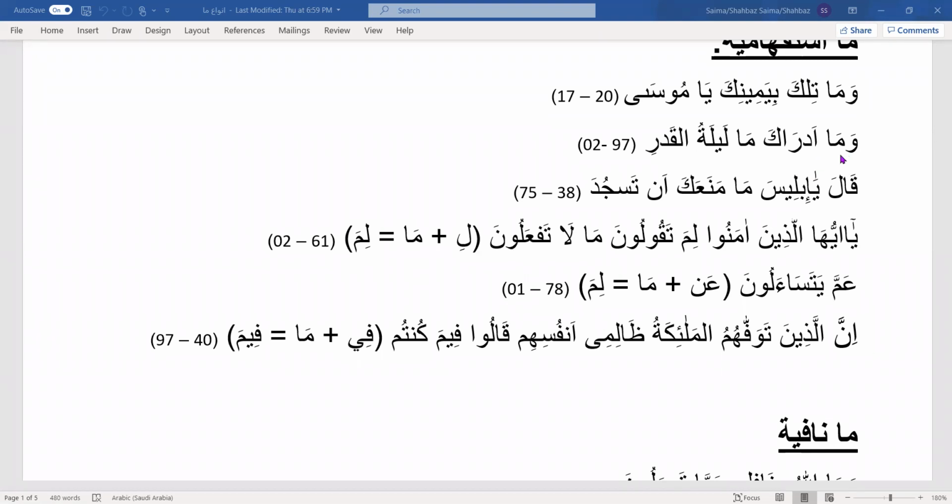So there's a ma here and then another ma here. So what are these ma's? Ma istifhamiyah. Istifham. Can you do the next one also?